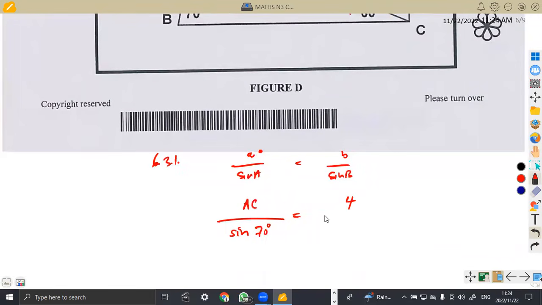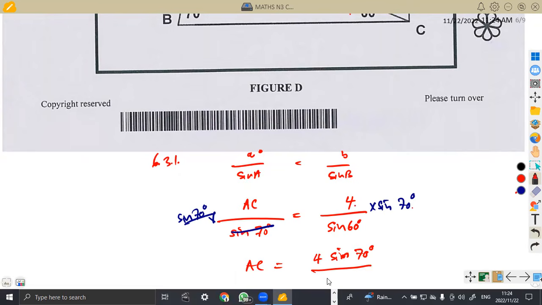How can I remove this sine 70 here? I just have to multiply by sine 70 on both sides. So this can cancel. Therefore, your AC was going to be 4 times sine 70, which is 4 sine 70 degrees over sine 60 degrees.